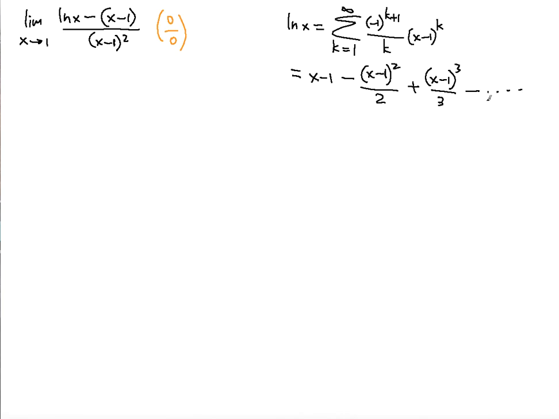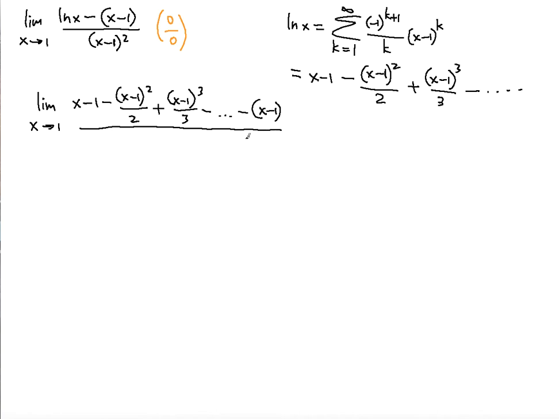It keeps alternating. So now we're going to plug this into the limit and see what we get. So the limit as x approaches 1, ln x will be replaced by this: (x - 1) minus (x - 1) squared over 2 plus (x - 1) to the third divided by 3 minus and so on, and then subtracting the x minus 1, and then this whole thing will be divided by (x - 1) squared.